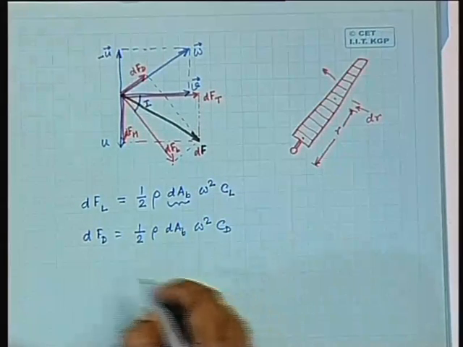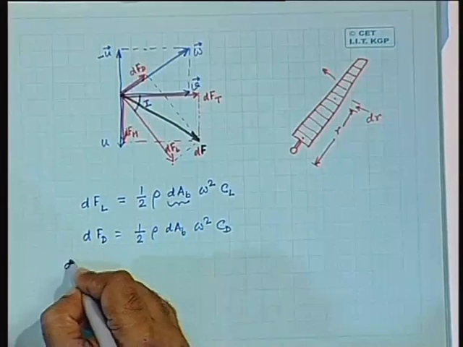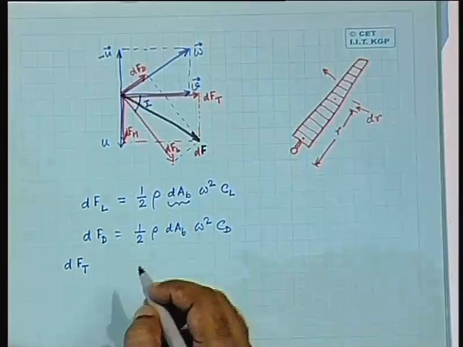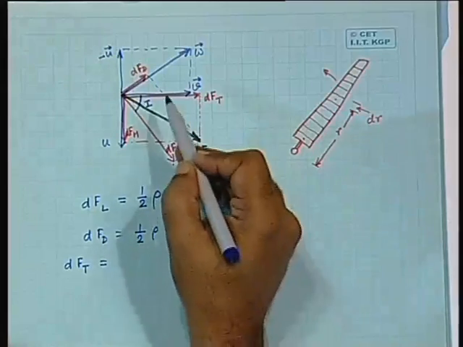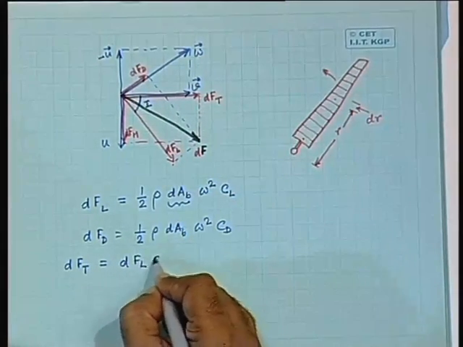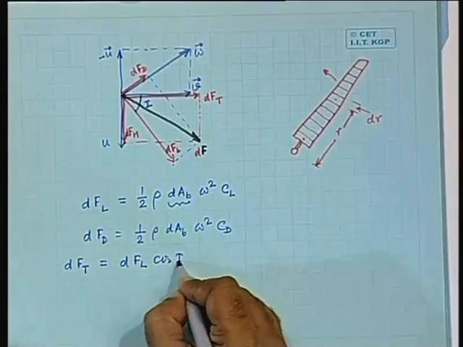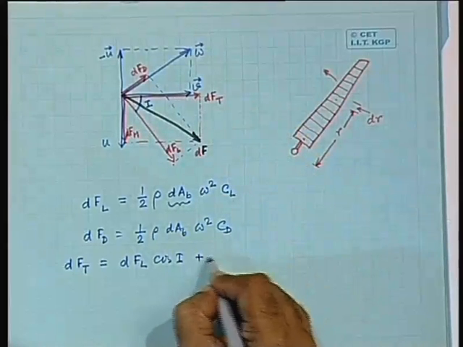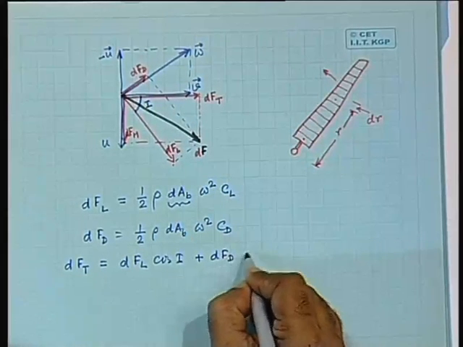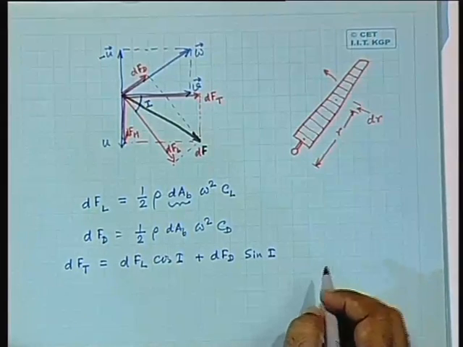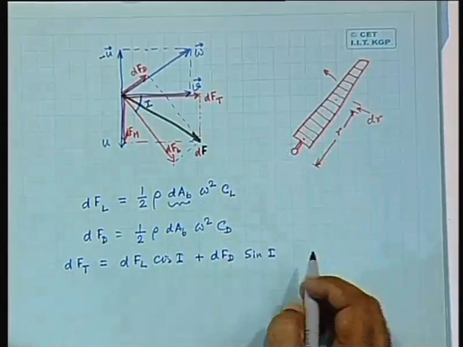You can easily see that then the dFT, the thrust force, will be dFL cos I plus dFD sin I. So that is the thrust, fine.